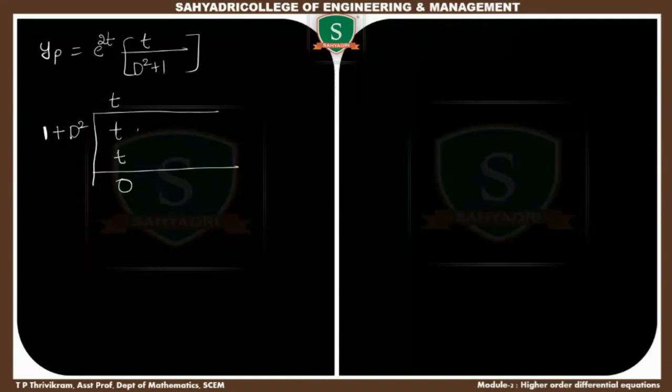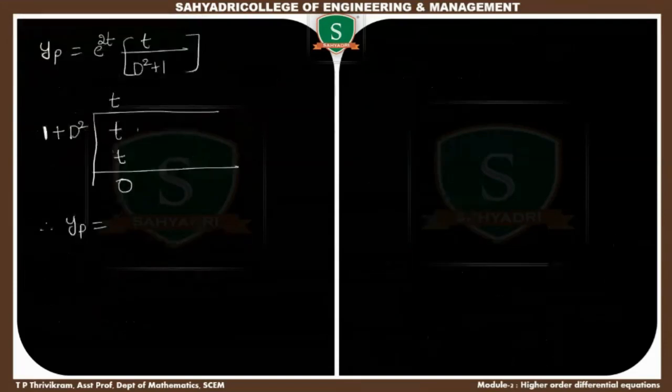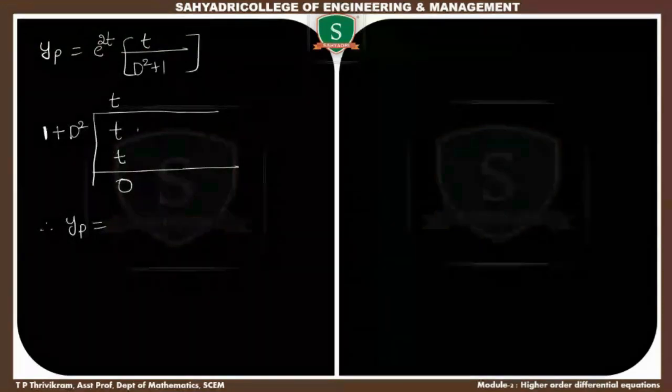So therefore yp is equal to how much? Is it correct? D square plus 1 is there; 1 plus D square I have written on the left. If you subtract it, you'll get 0. That's it.